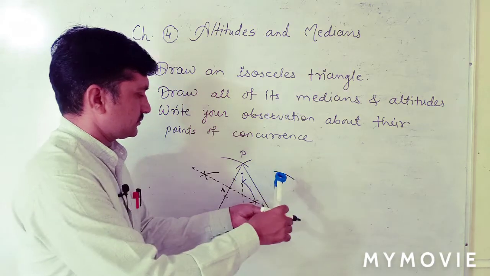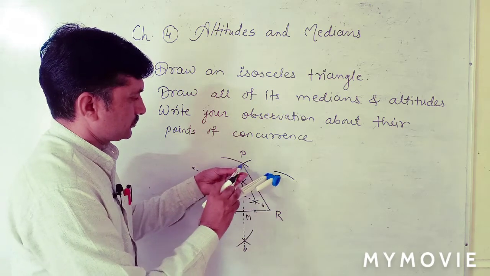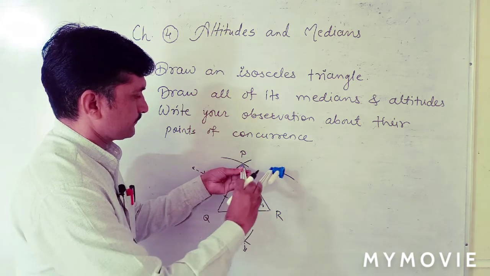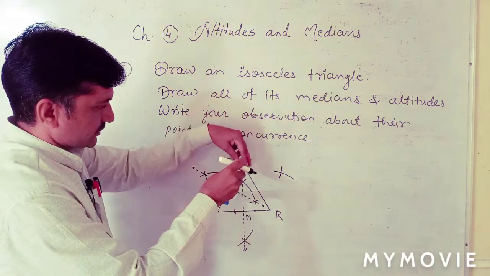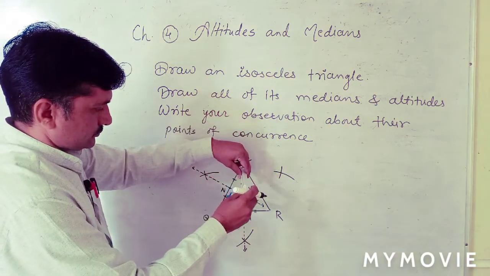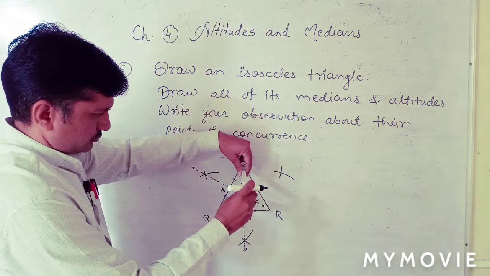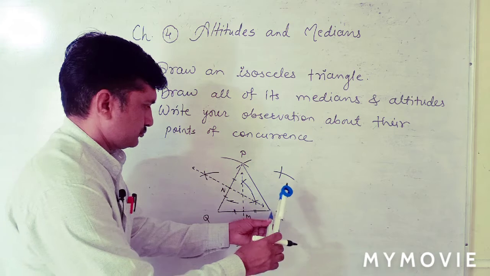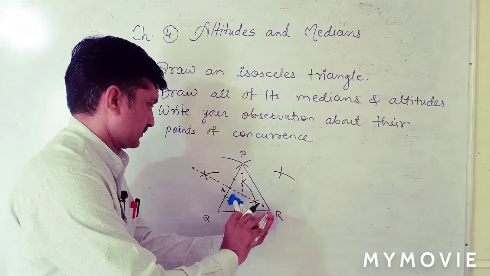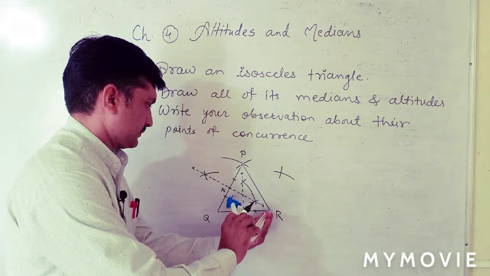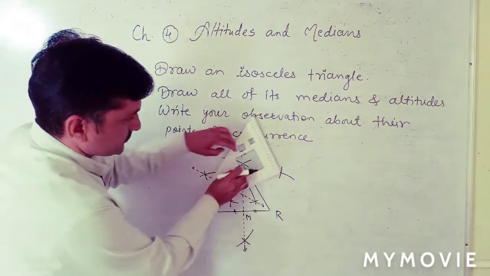Bisect it. One arc here. Intersection from P to this side also. From R, join them, draw a line passing through them.